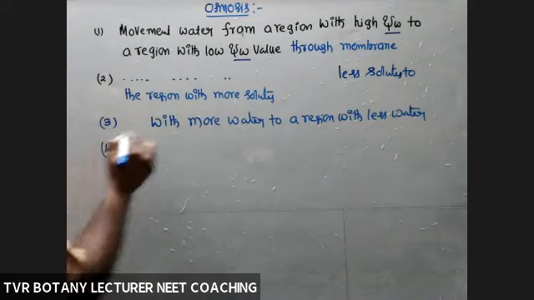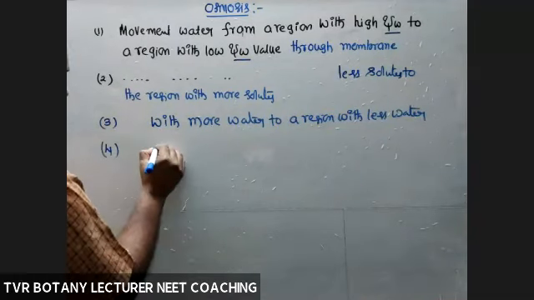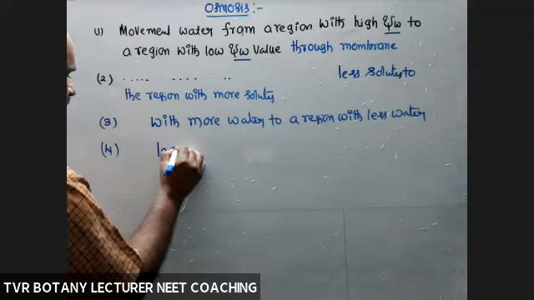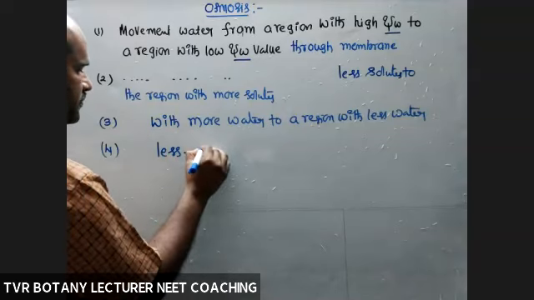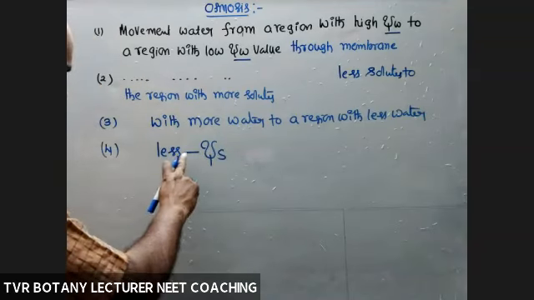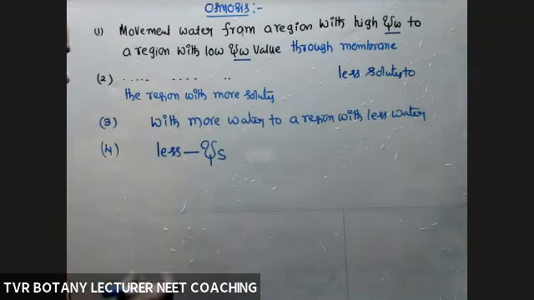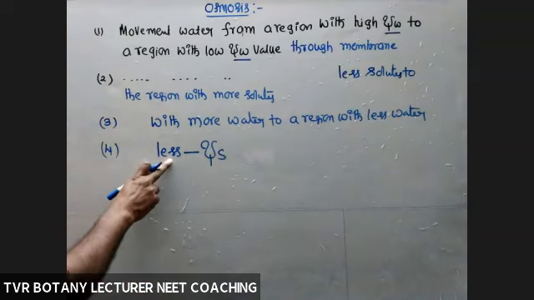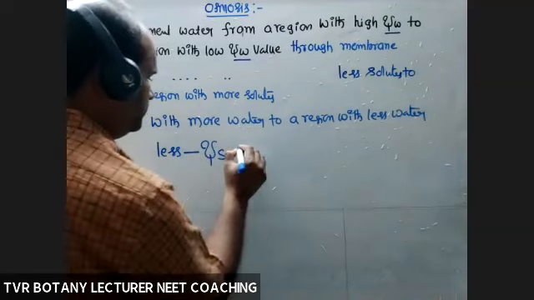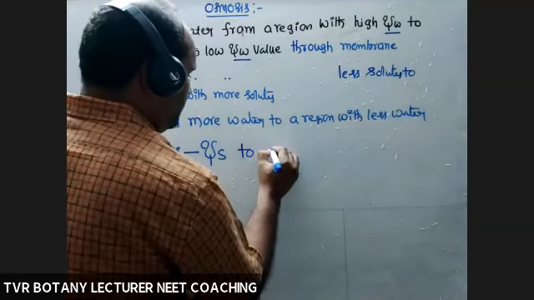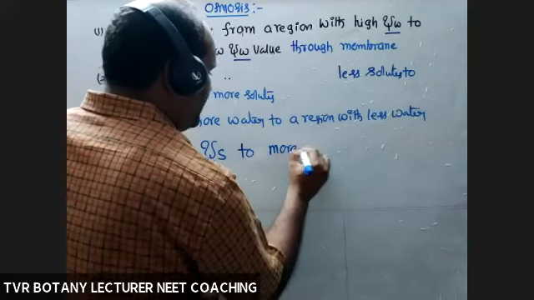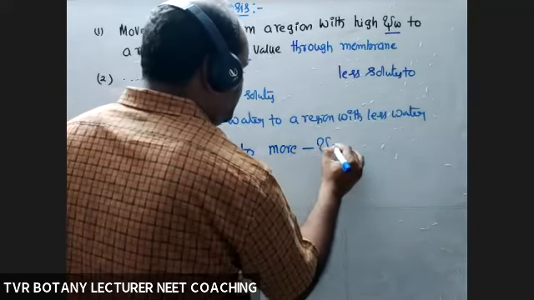Fourth one, a region with less negative psi s, less negative side of psi s value, to a region with more or high negative psi s.